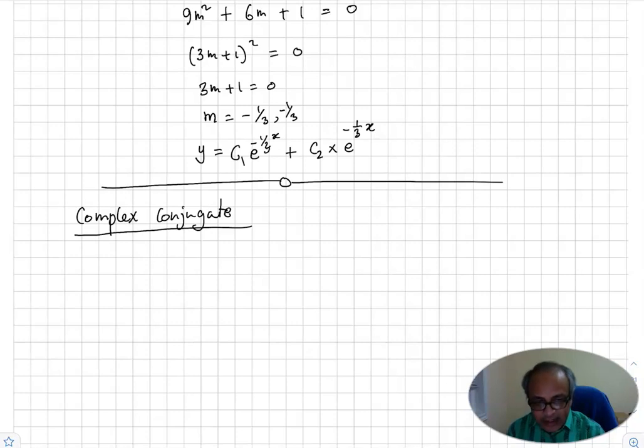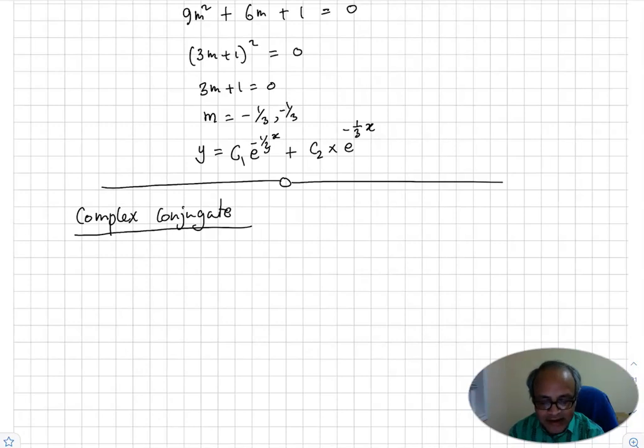But now assume that we have understood how to find the general solution of a second order linear differential equation with constant coefficients. In the first case, I may have two roots of the characteristic polynomial which are distinct and real. In the second case, we have two roots which are repeated, in other words, equal.